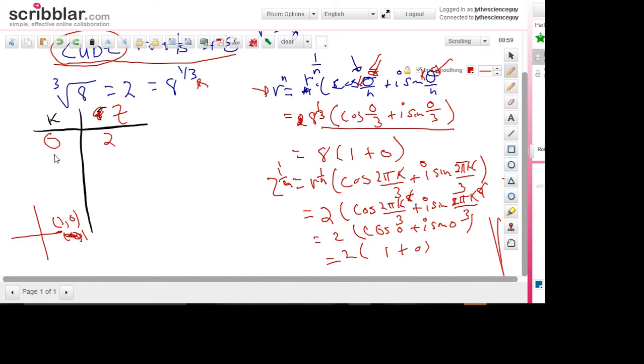When I stick in 1 for k, then I get this. And I'll do the first couple of them for you. So I get 2 times the cosine of 2 pi over 3 plus the sine of 2 pi over 3. Do you see where I got those numbers from?